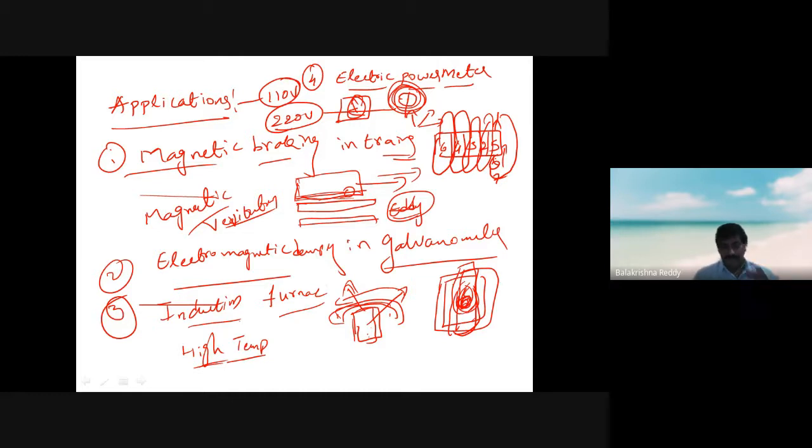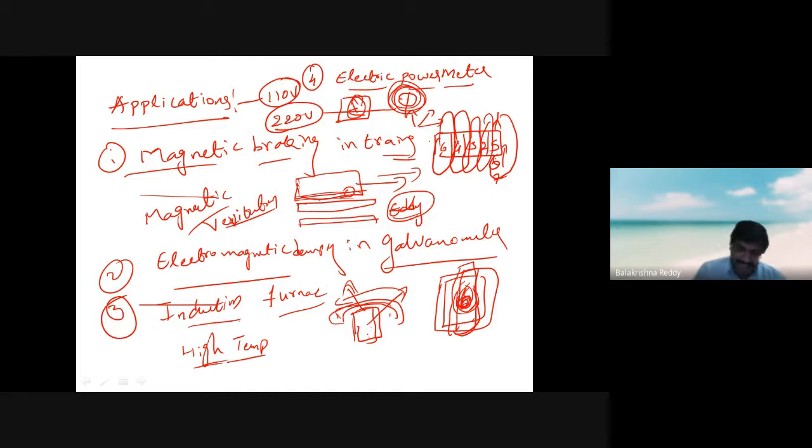Even in a speedometer, the faster you move, the more rotation you find on the bikes. Nowadays digital meters have come, of course, the technology has changed. Earlier, to see this effect, we found this motor concept. Due to this rotation, or motion produced due to the opposing field, we call this a usage of eddy currents.